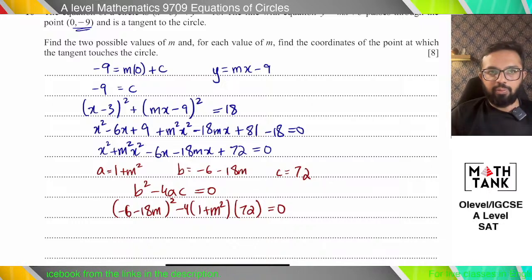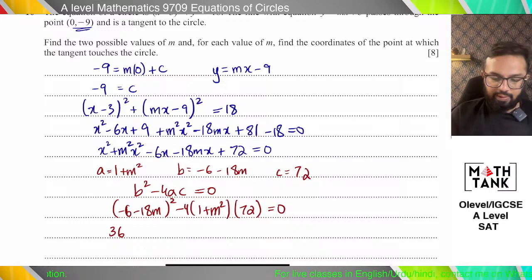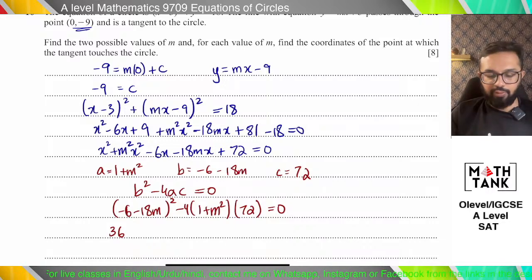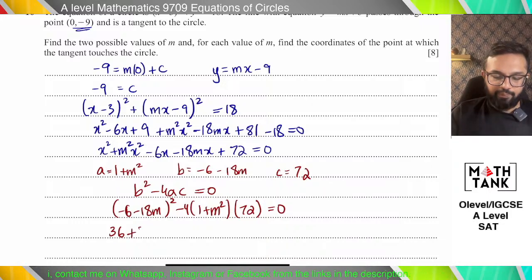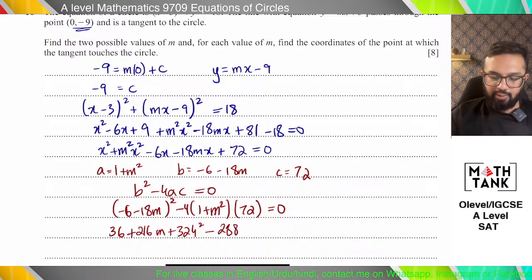Okay, I am going to expand this. 6² is 36, and when you have two negatives it turns into a positive. I'm going to expand it with the formula a² + 2ab + b², giving 216m. 18² is 324, and 4 times 72 is 288, minus 288m².